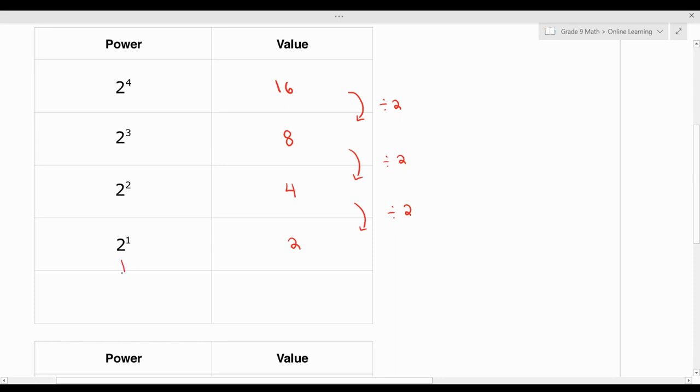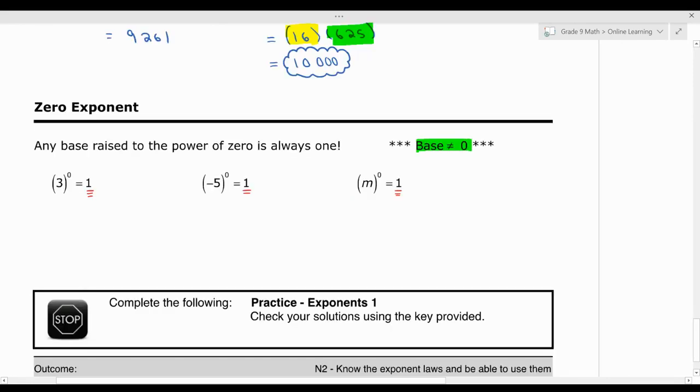So if I continue this, the next power would be 2 to the power 0. According to my pattern, I would have to take 2 divided by 2, which gives me 1. So that's why a number base to the power 0 ends up being 1.